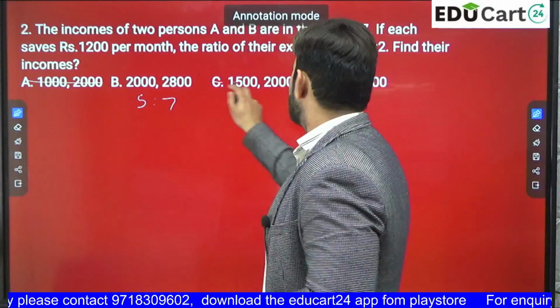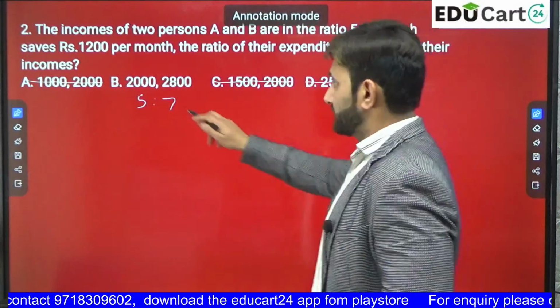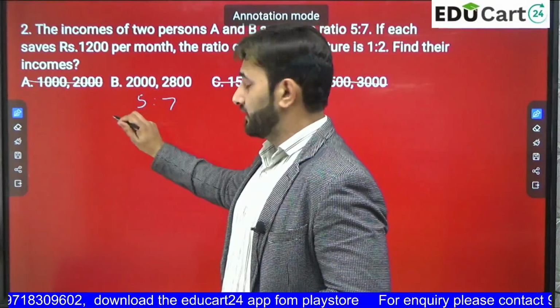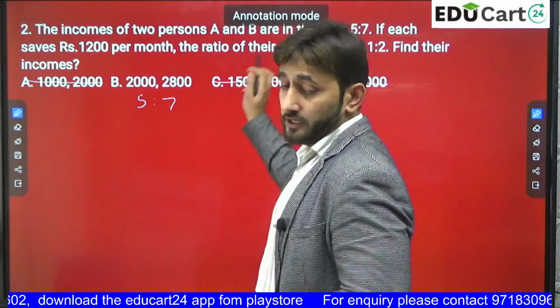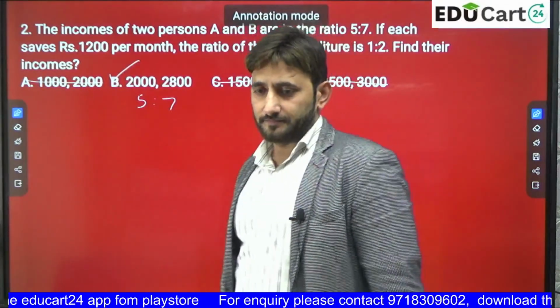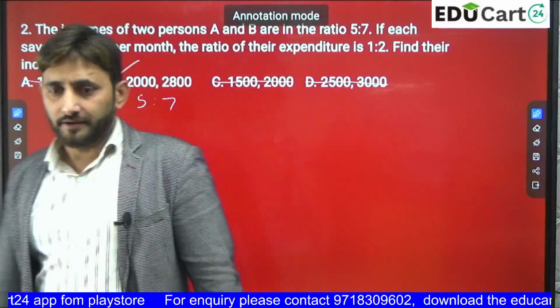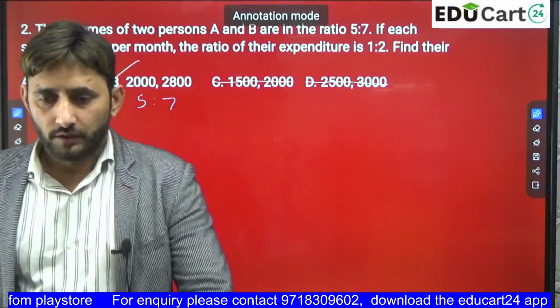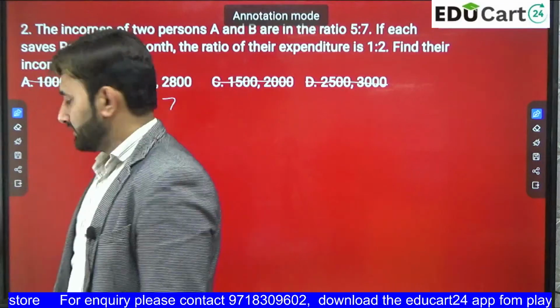This ratio is not 5:7. It is the only option which is satisfying the ratio of their incomes. Got it? This will be the answer. Fine. Okay, my dear. Good.